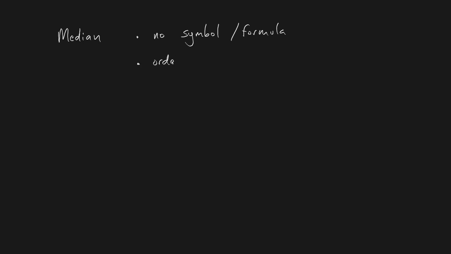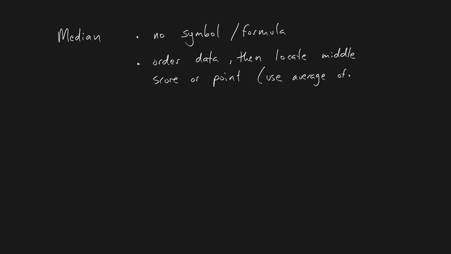You simply order the data, then you locate the middle score or point, and you use the average of the two middle points when your sample size is even.